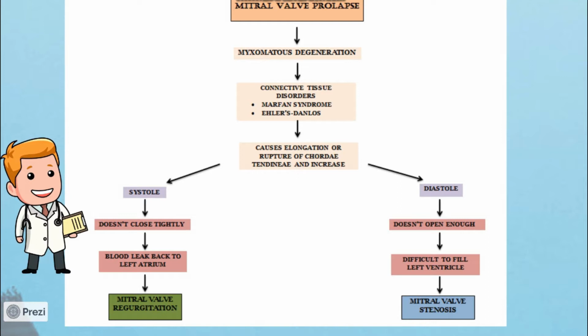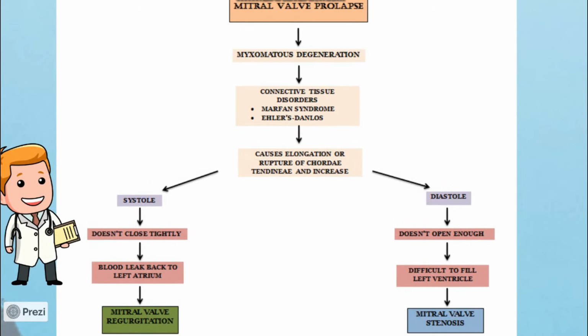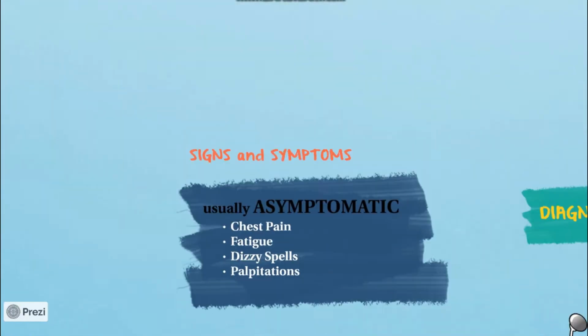During systole, the mitral valve doesn't shut closed, which causes blood to leak back to the left atrium, called mitral valve regurgitation. During diastole, the mitral valve doesn't open enough and it gets harder to fill the left ventricle, and this condition is called mitral valve stenosis.